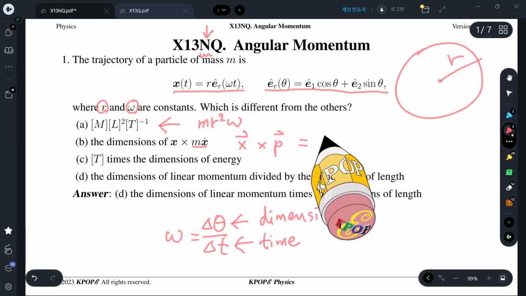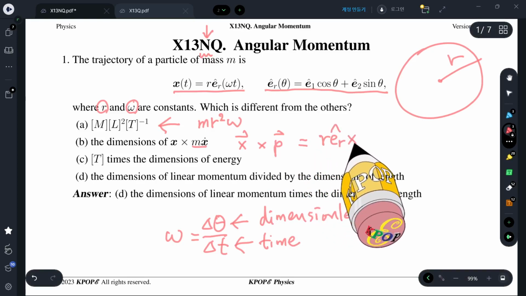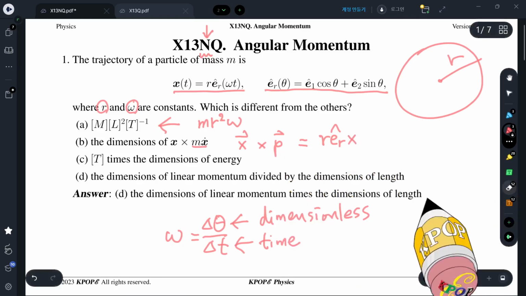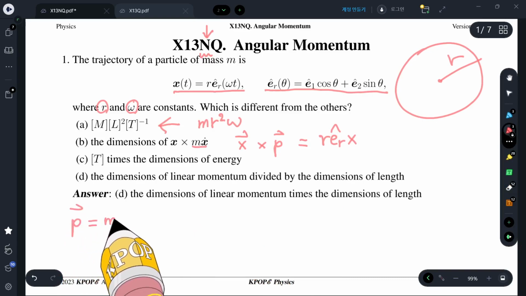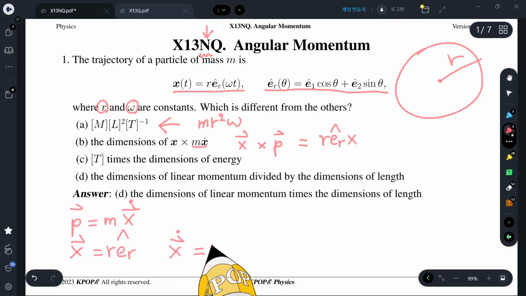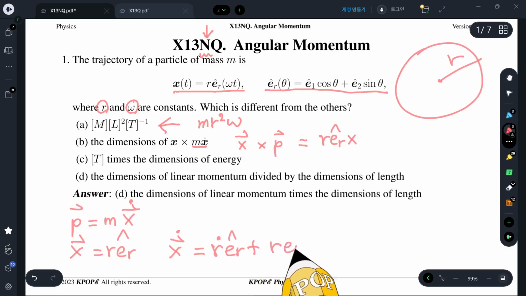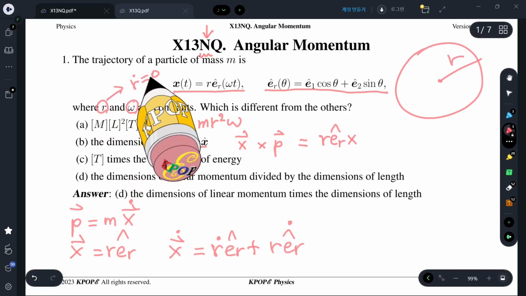In this problem, x is r e_r, and momentum is mass times velocity. Because x is r e_r, x dot equals r dot e_r plus r e_r dot, Leibniz rule. Because r is a constant, r dot equals 0.